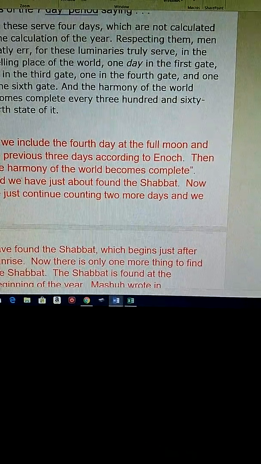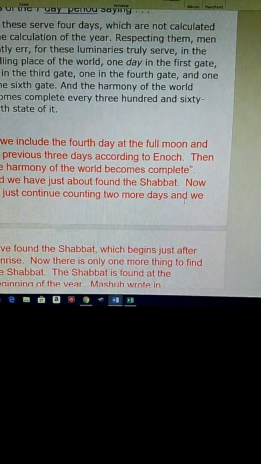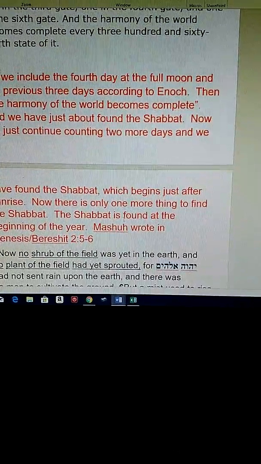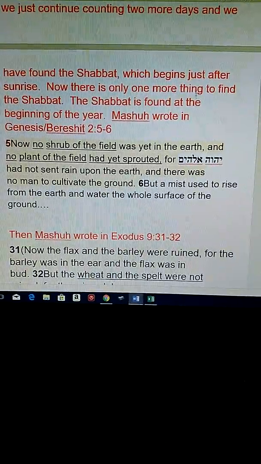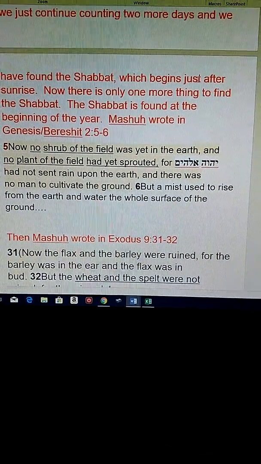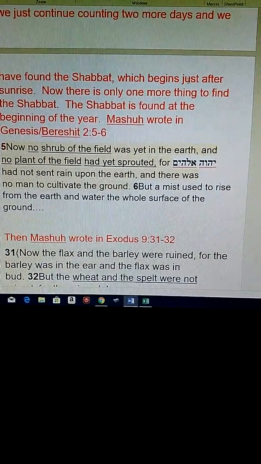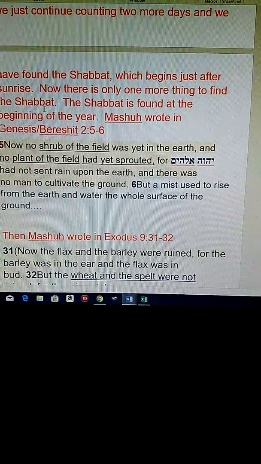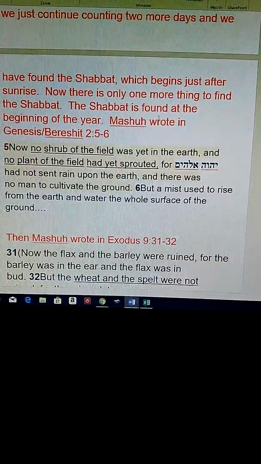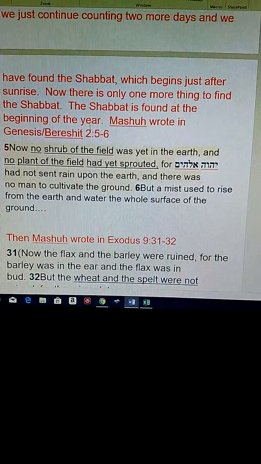Now we just continue counting 2 more days, and we have found the Shabbat, which begins just after the sunrise. Now there's only one more thing to find the Shabbat. The Shabbat is found at the beginning of the year.